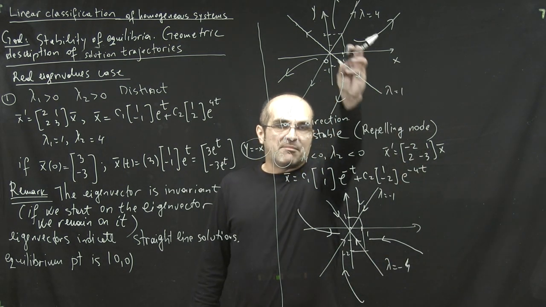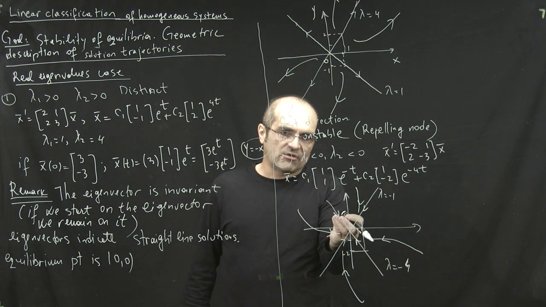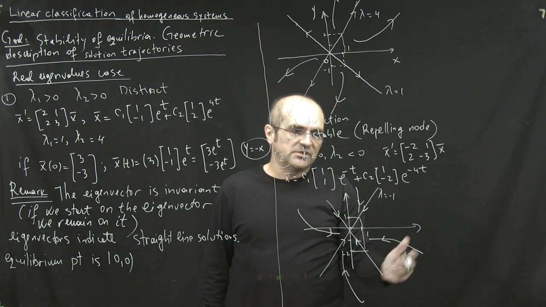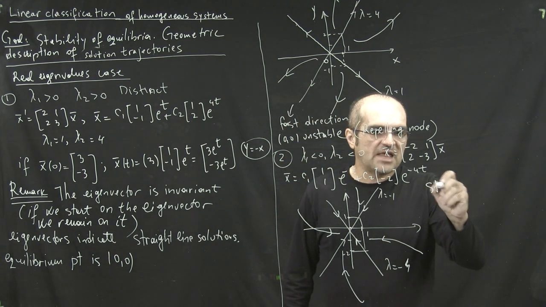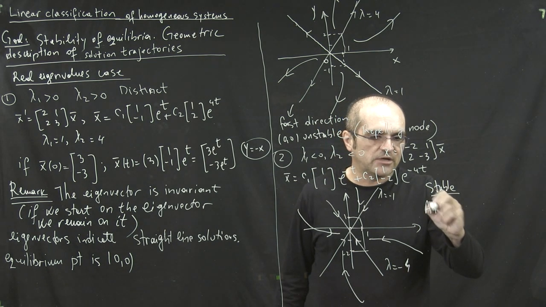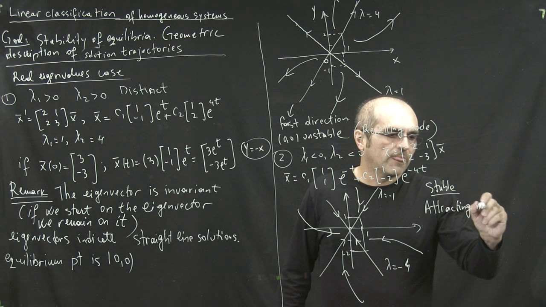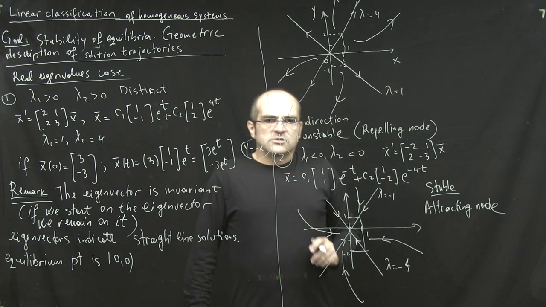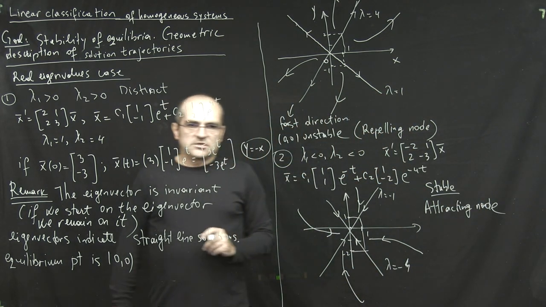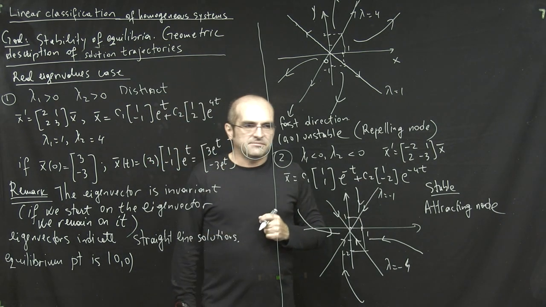So just the opposite picture of this, along the fast direction, solution approaches 0 faster. So this will be, of course, a case of a stable point, stable equilibrium point, and this will be an attracting node.